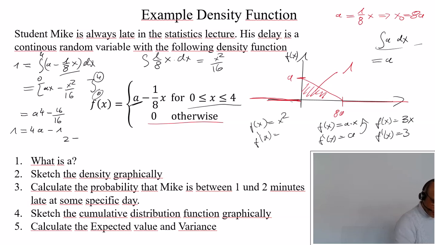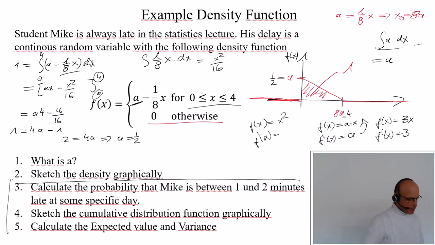So 2 equals 4a, and we obtain a equals 1/2. So then we can say this is 1/2 down to 4. This would be our density function. And this we also do next week. Let's go on.